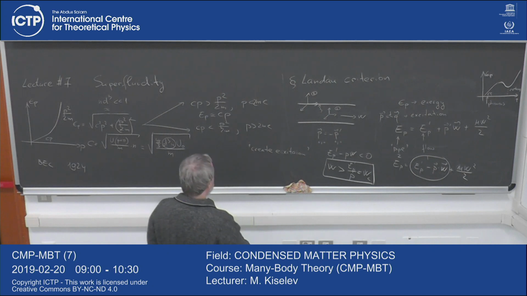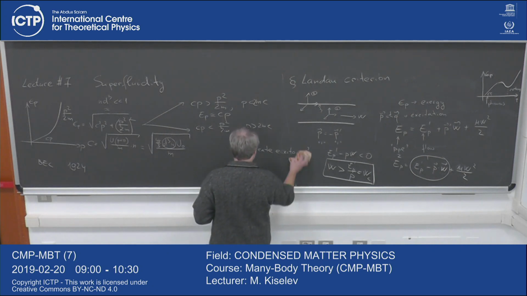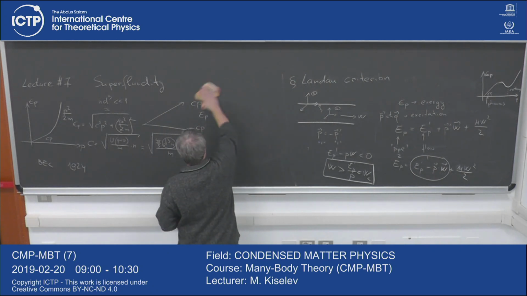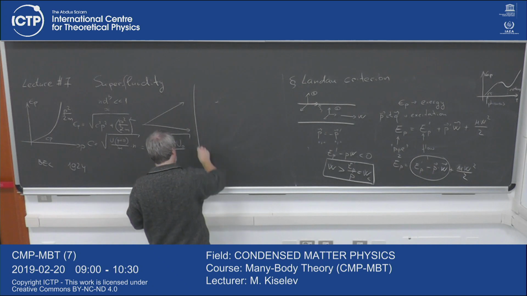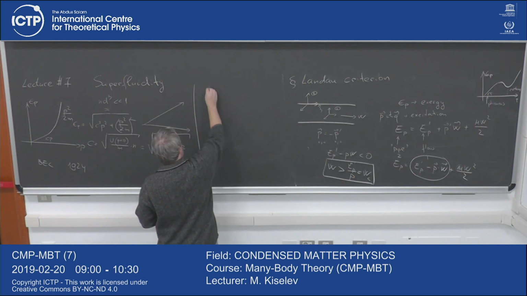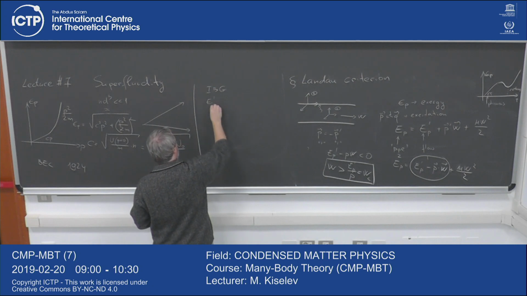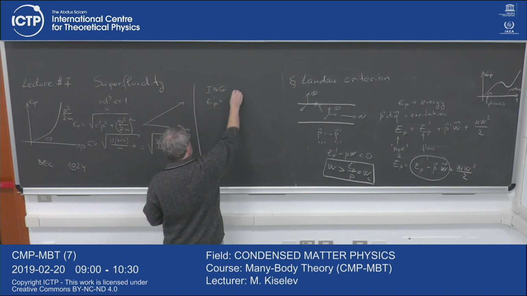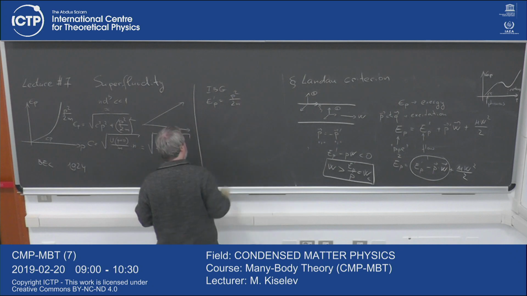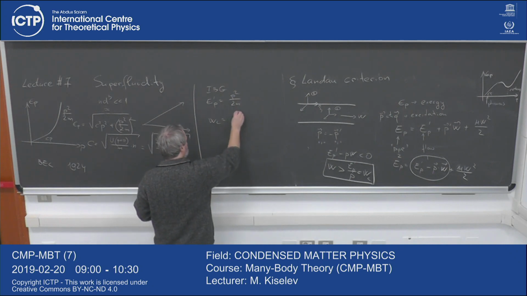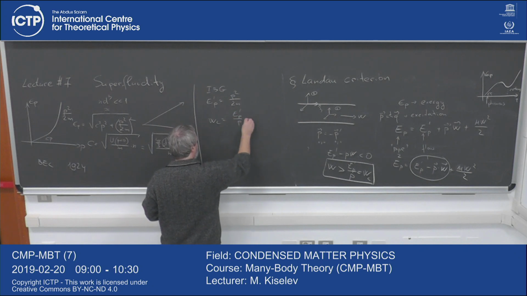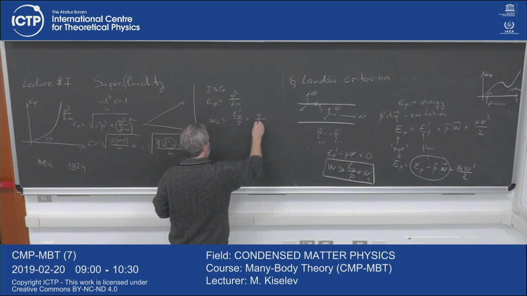Okay, let's start with ideal Bose gas. Epsilon prime p is equal to p squared over 2m. So therefore the critical velocity is epsilon prime p divided by p, which is p over 2m.